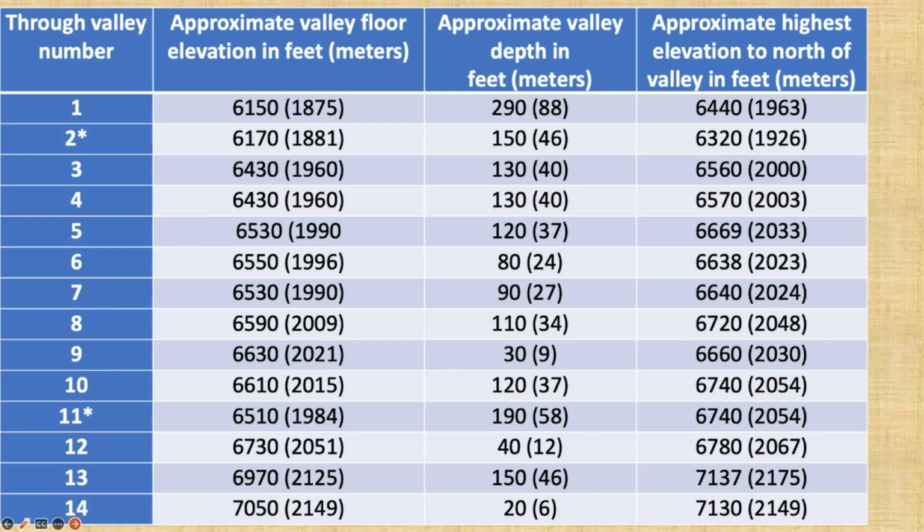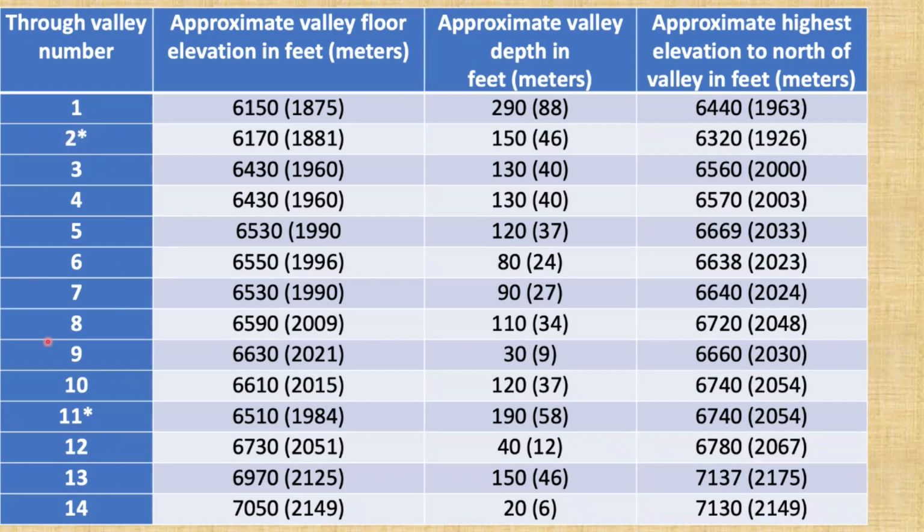Now, I've kind of summarized here some of the evidence in terms of elevations that we're looking at, and I want to emphasize that these are the 14 numbered drainage divides that I showed you.